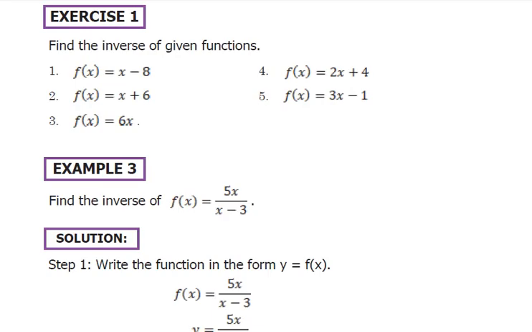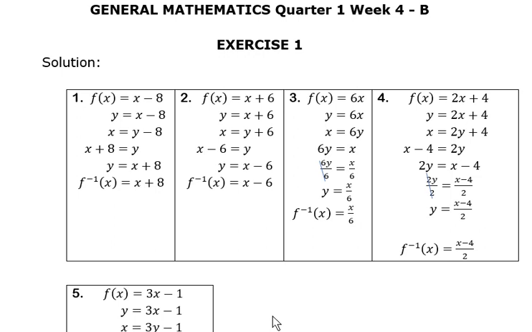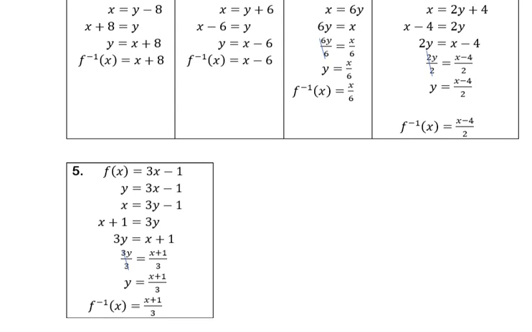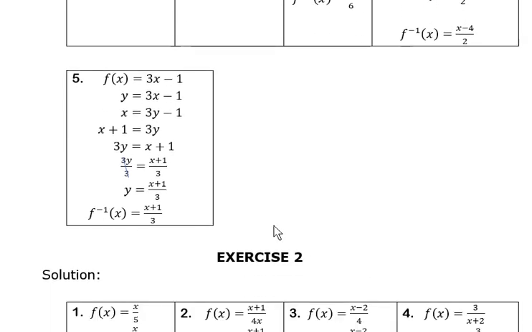Moving on, finally, to number 5. f of x equals 3x minus 1. We have to write y equals 3x minus 1. Then, instead of writing y, make it x, and x here, make it y.